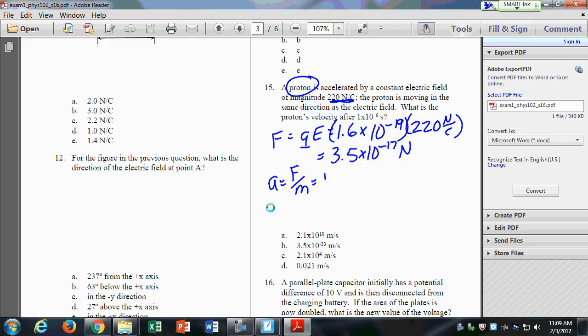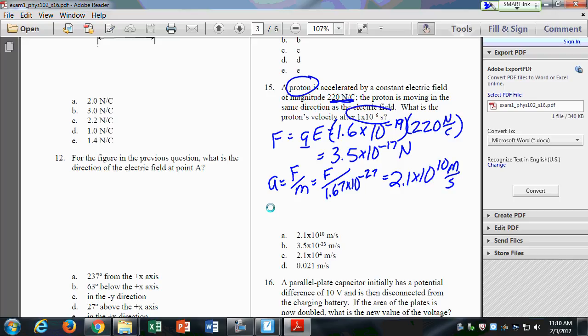That's going to be that force divided by the mass of a proton, which is 1.67 times 10 to the minus 27. I think that's right. Yeah, that's right. And so it has an acceleration of 2.1 times 10 to the 10th meters per second.